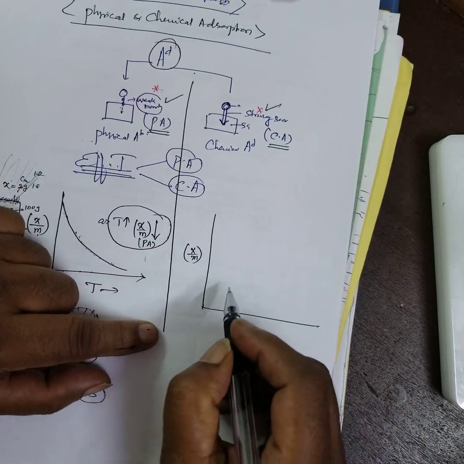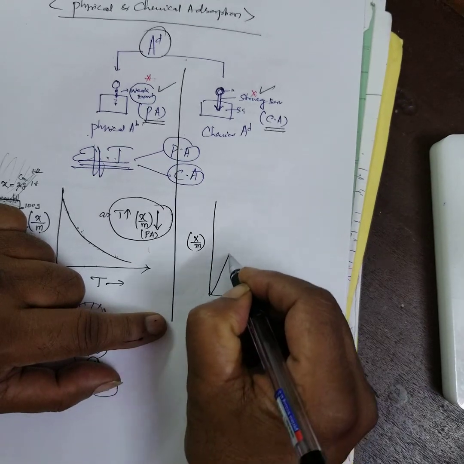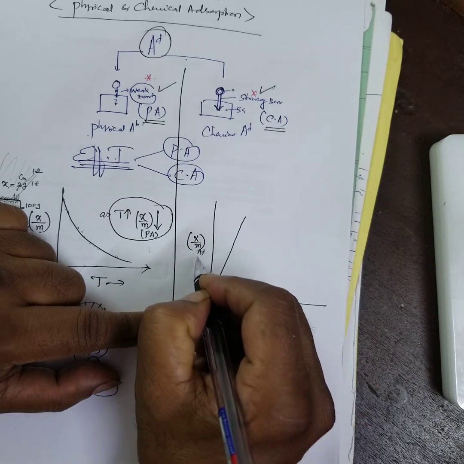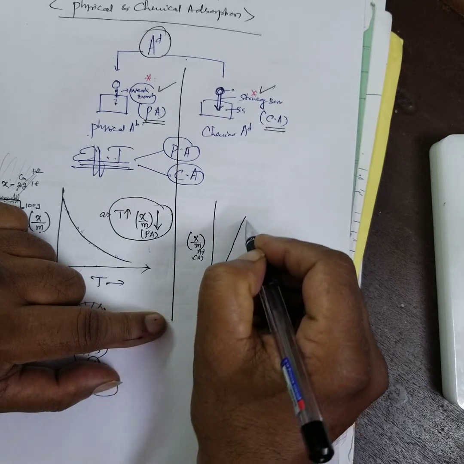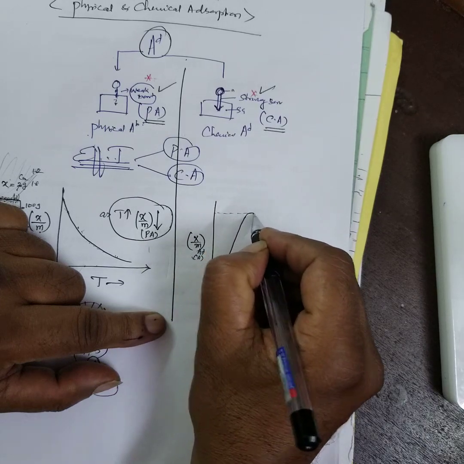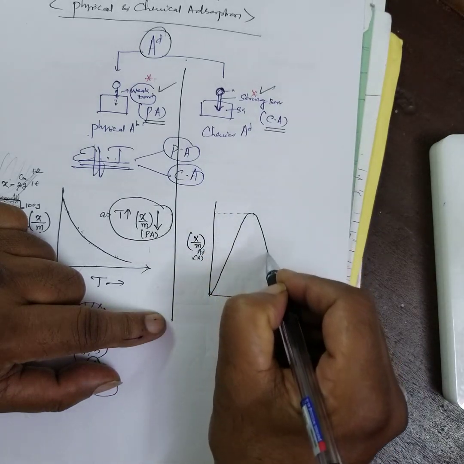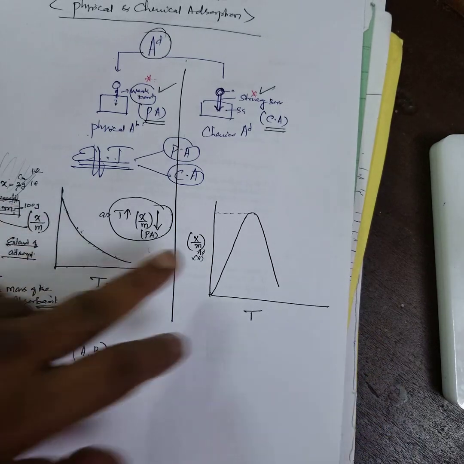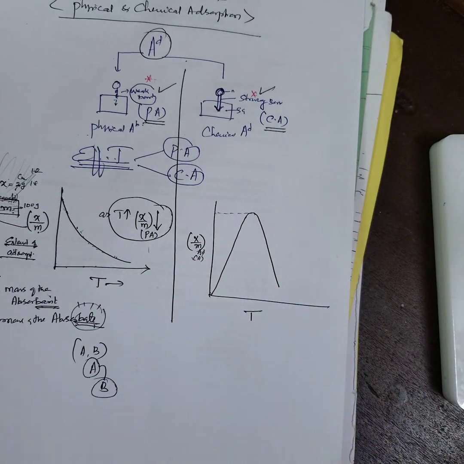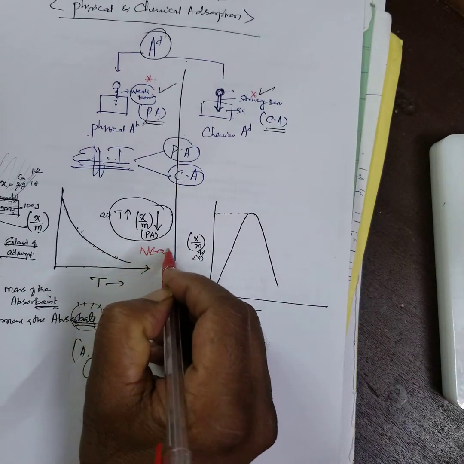As the temperature increases, what happens? Gradually adsorption takes place. That is, it increases, reaches one particular maximum value. Then with further increase in temperature, it decreases. See, you must know the graph. They may give the graph, and you are supposed to identify it in the NEET exams, right?